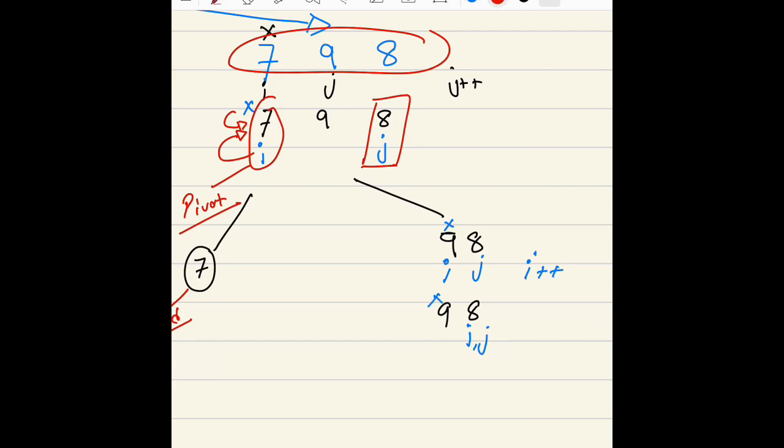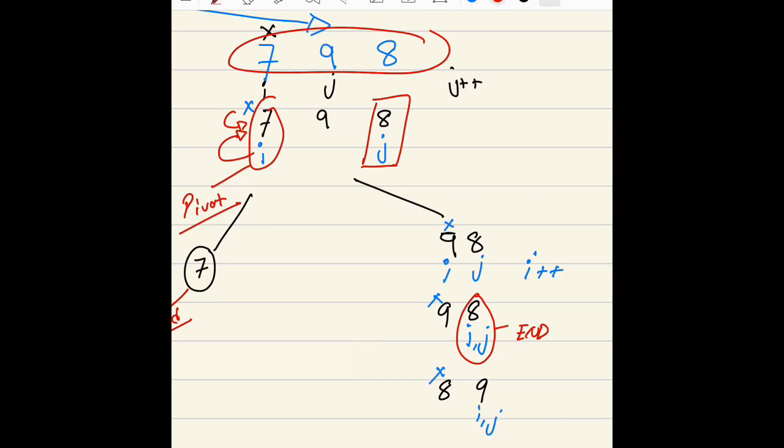Right, so there's no point in swapping these values because they are pointing to the same thing. So j has reached the end of the array. Right. So now what we did before is we swap the places of x and i, right? So we swap the places. So this is still your x, this is your i and j.